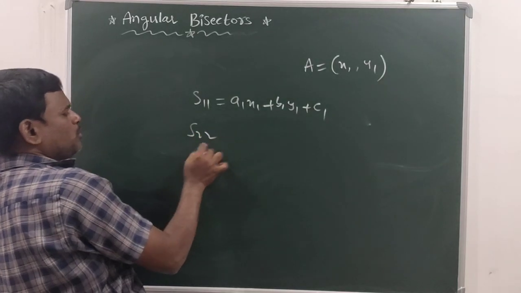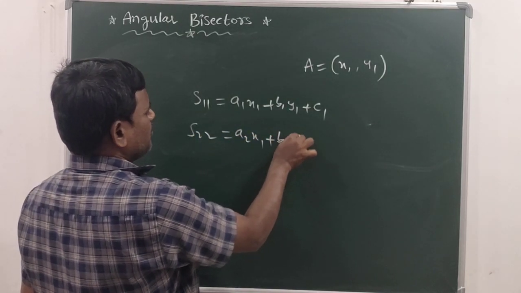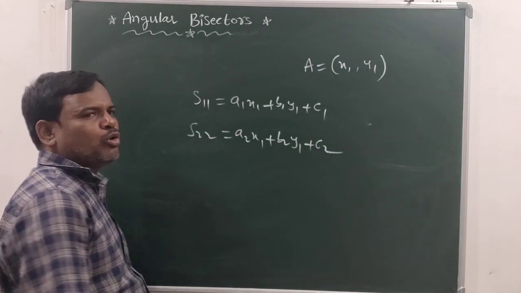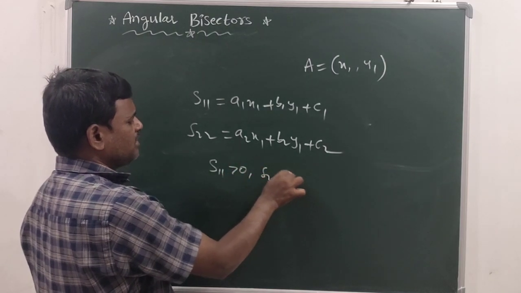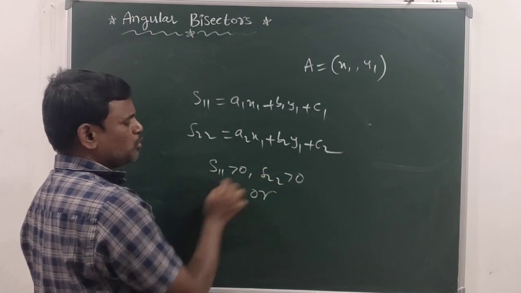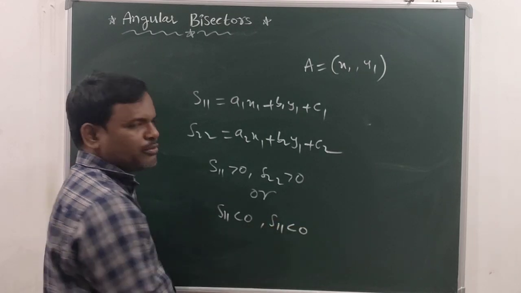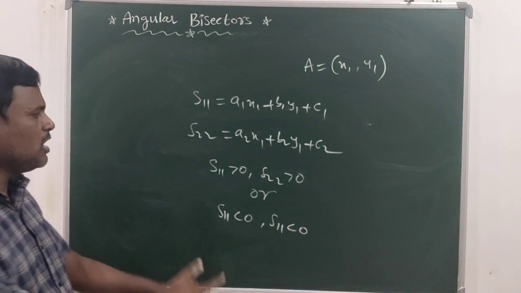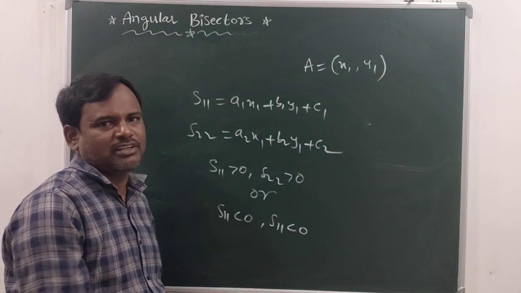And next S22, a2 x1 plus b2 y1 plus c2. Both you prepared. If both get the same sign, the same sign means both may be positive or both may be negative.